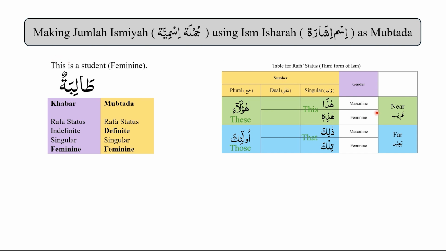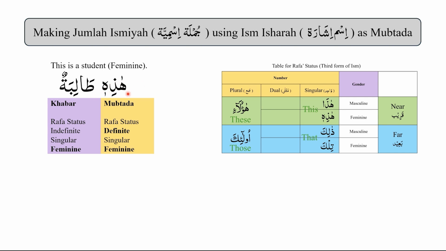Secondly, we will need to look at the feminine row because we are clearly talking about a feminine, singular student. So our ism ishara or demonstrative pronoun will be hazihi. Our complete jumla ismiya will be hazihi talibatun.